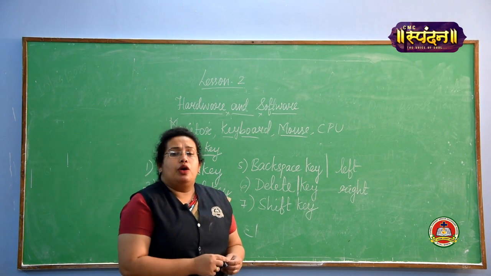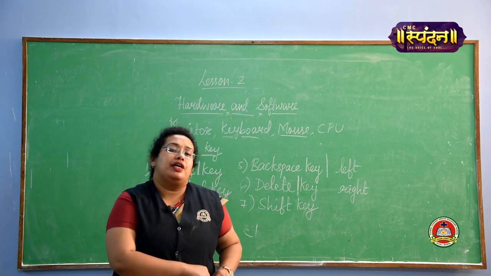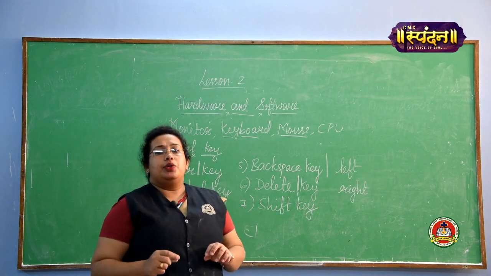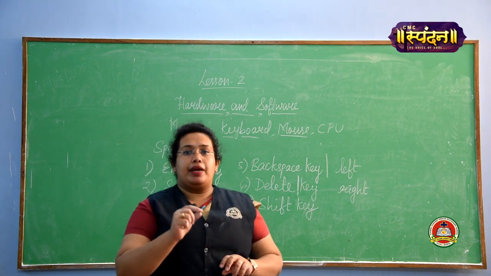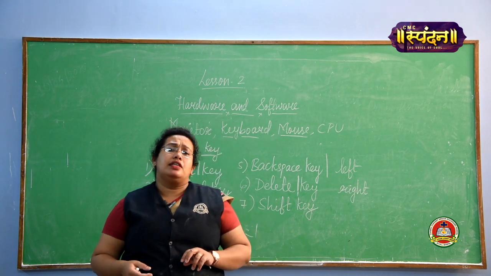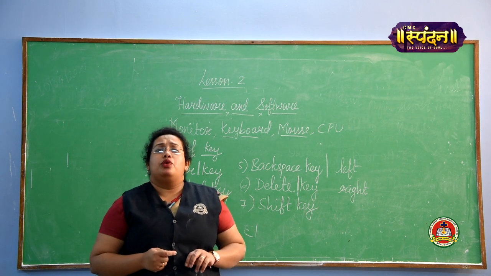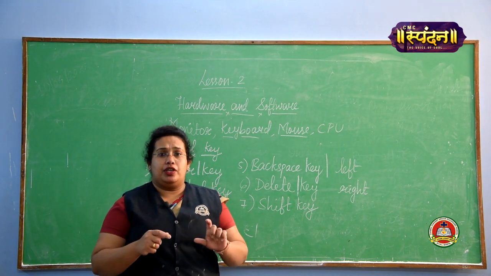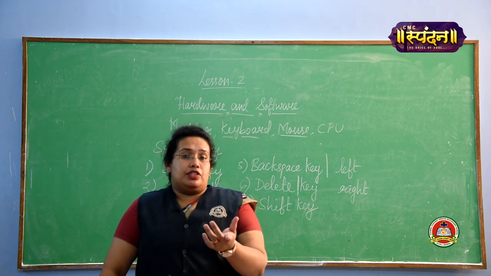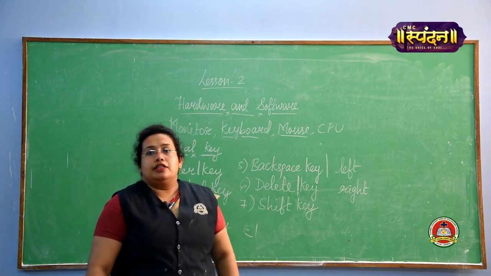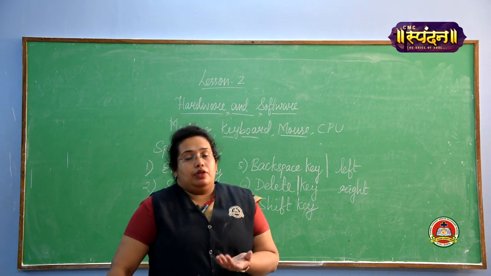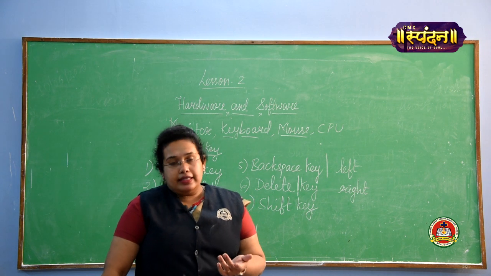First we have to press the shift key and then press the character you want to use, like bracket, full stop, comma, hash sign, @ sign. All these characters, you first press the shift key and then press that particular key, and that character will be typed. So the use of the shift key is to help you type all the characters.